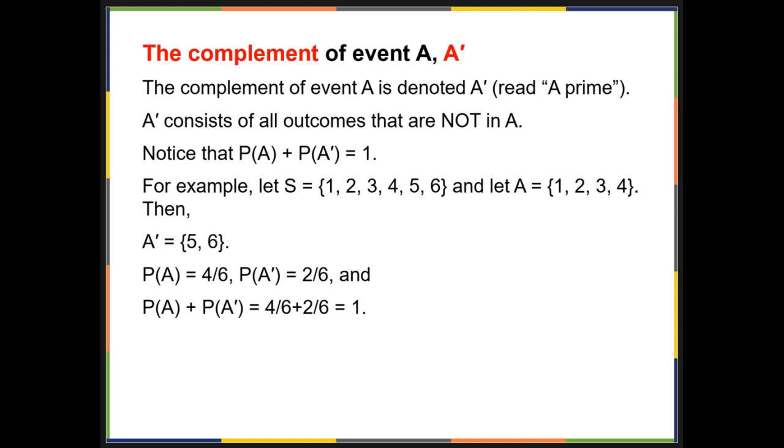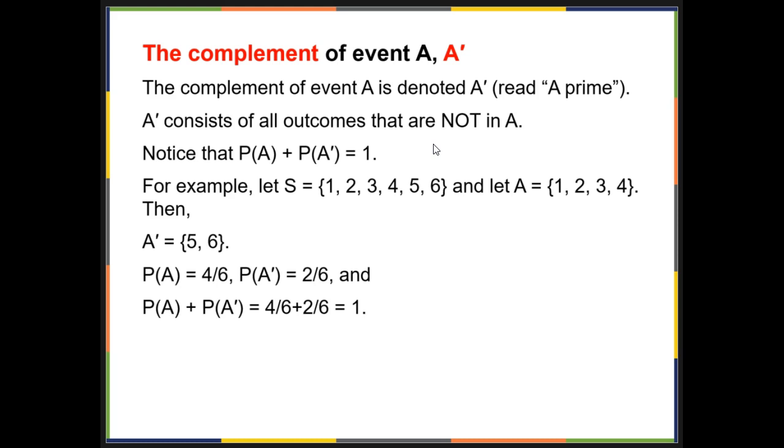So the complement of event A is denoted A prime. A prime consists of all outcomes that are not in A. And make sure you understand that the probability of A plus the probability of A prime is 1. Okay, when you add those together, you need to get 1.